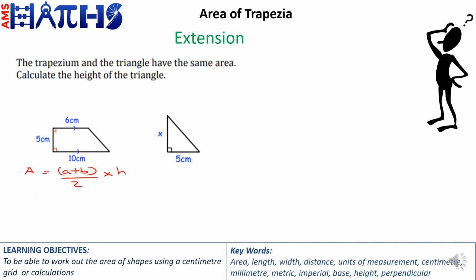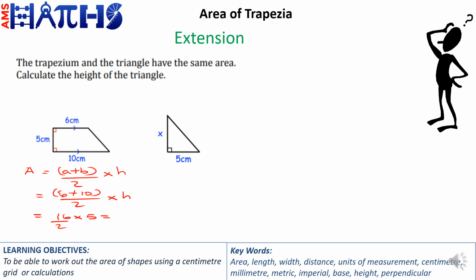And so 6 plus 10 in brackets divided by 2 times height will give us 16 divided by 2 times 5, as 5 is our height.